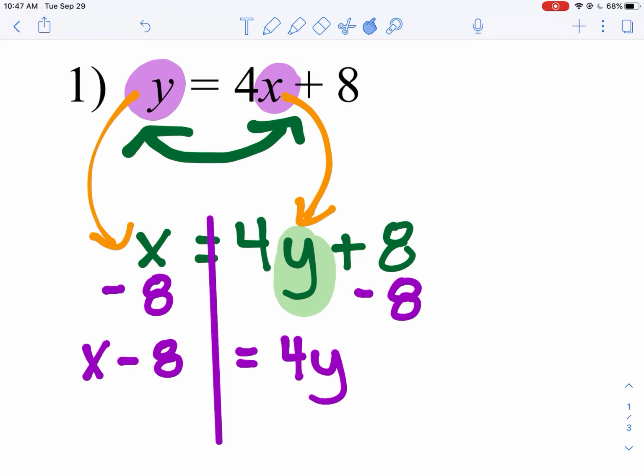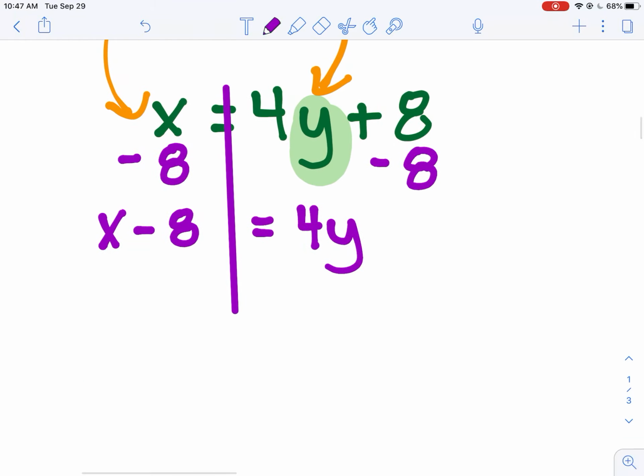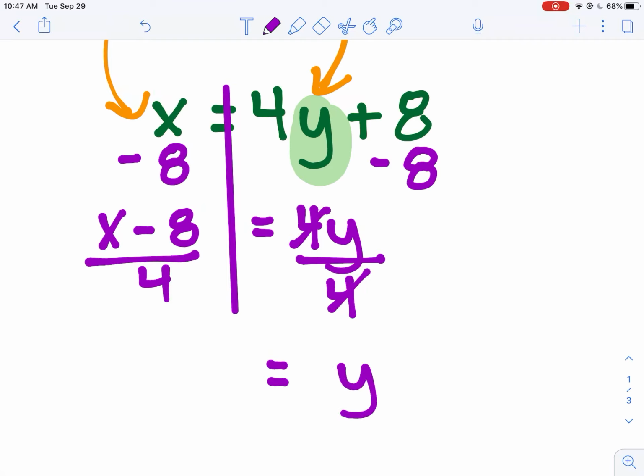So now I'm almost there. My goal is to get y all alone. Now, since I'm multiplying y here, I'm going to divide each side by 4, basically undoing the multiplication. What I end up getting over here is 4 over 4, they cancel out. I'm left with y. And now over here, I'm left with x minus 8 over 4.